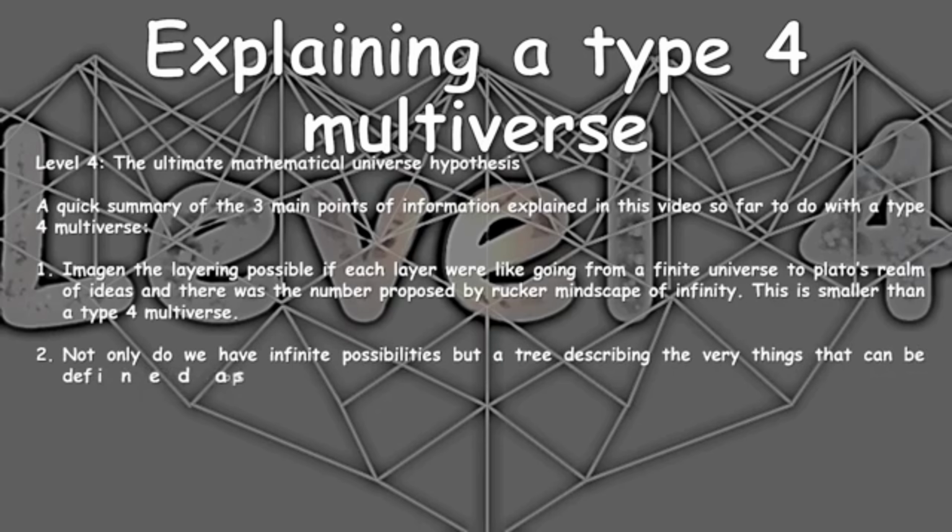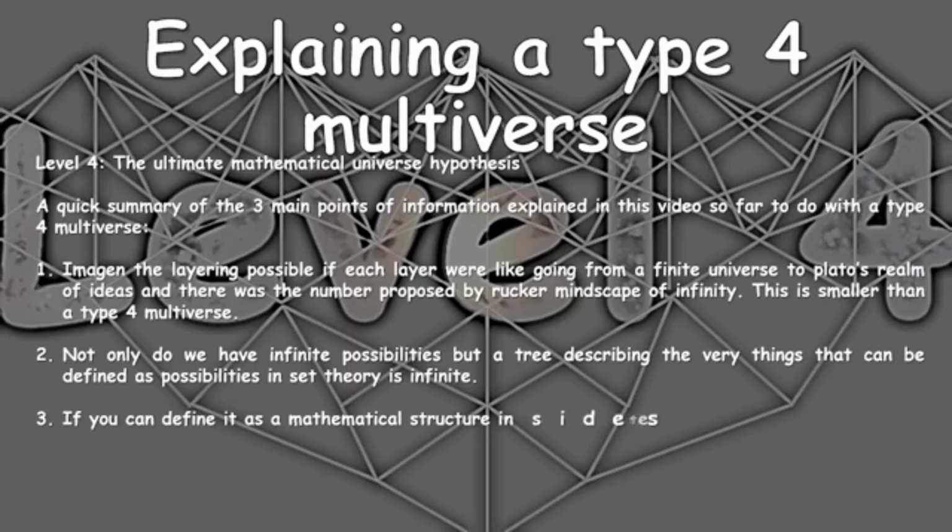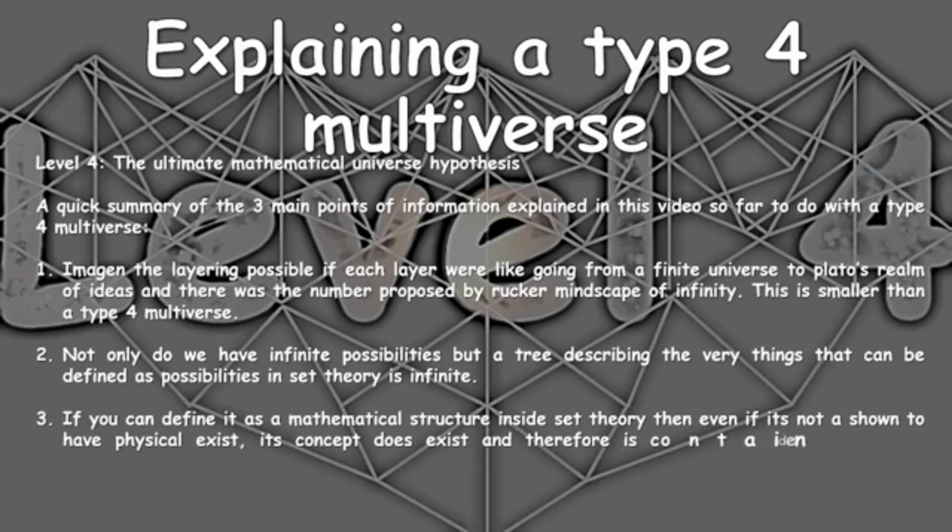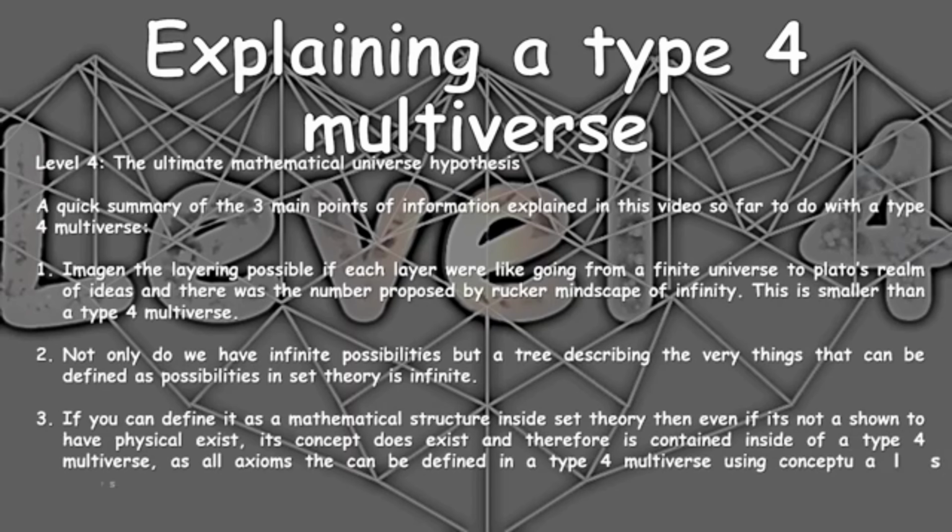Not only do we have infinite possibilities, but the tree describing what axioms can be defined is infinite itself, with all possibilities that can be defined in set theory. And 3, if you can define a mathematical structure in set theory, even if it's not shown to physically exist, its concept does exist and therefore is contained in a Type 4 multiverse, as all axioms that can be defined in a Type 4 multiverse using conceptual self-structures of set theory are defined in a Type 4 multiverse.